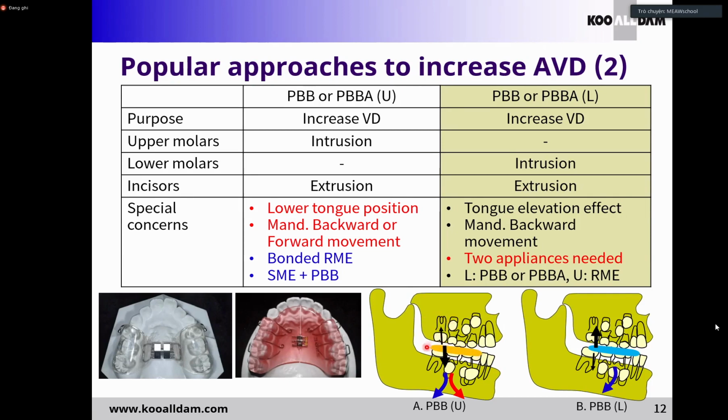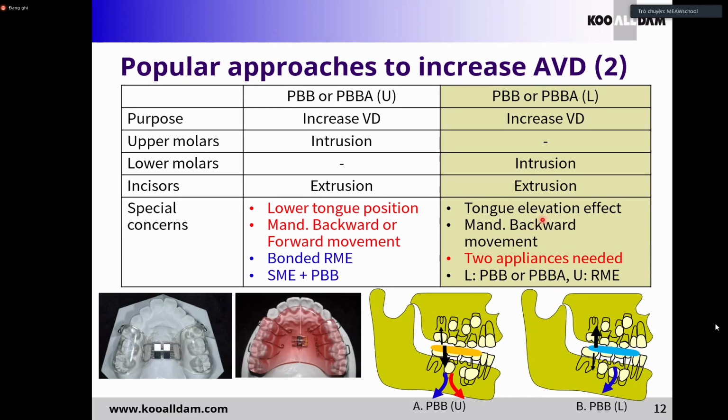However, through this resin plate, it may cause some mandibular backward or forward movement. So for me, I want PBB in the upper arch. There are two appliances. This is banded RME, rapid maxillary expansion, and also SME plus PBB, like this.